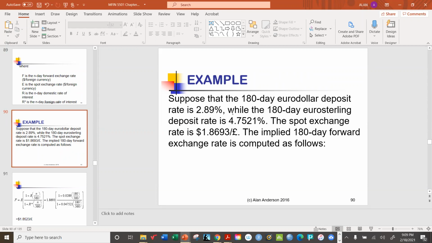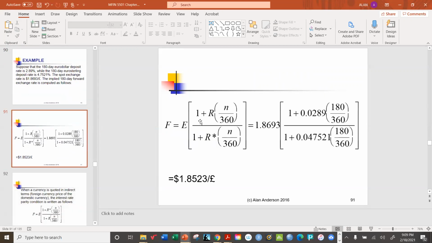And when we say implied, we mean by the interest rate parity condition. So we plug in the numbers, and you can double check this with your calculator if you want to, and you'll see that with a spot exchange rate of 1.8693, the implied 180-day, or 6 months, forward exchange rate is 1.8523.